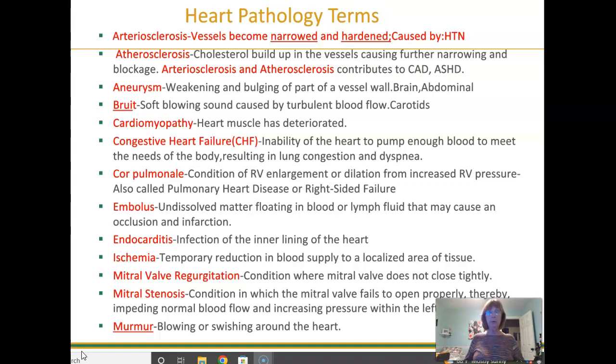That's your abdominal aorta. Up in your heart, it comes out at the aorta and forks out to go up to the brain. Your carotid arteries are the ones that come out of the aorta. So you can have a brain aneurysm, or an abdominal aneurysm.